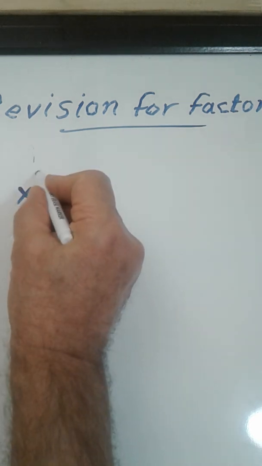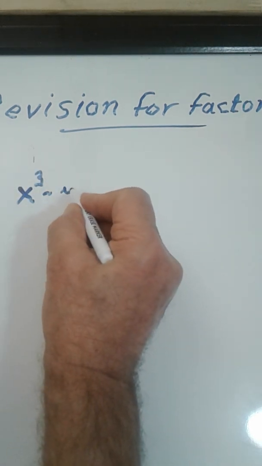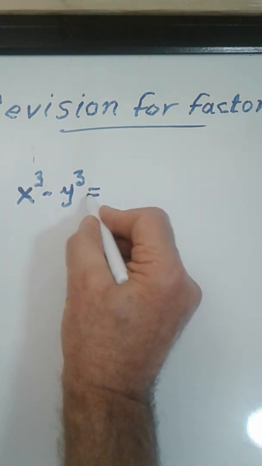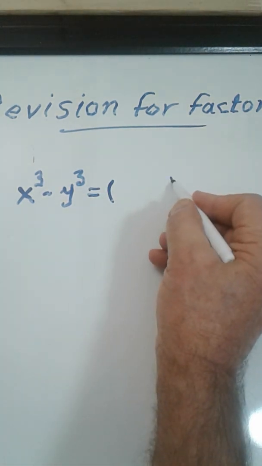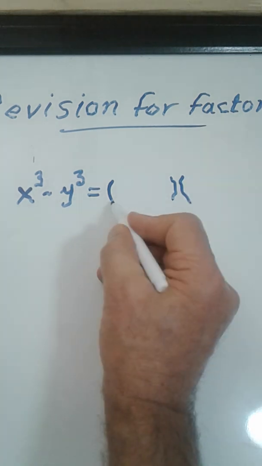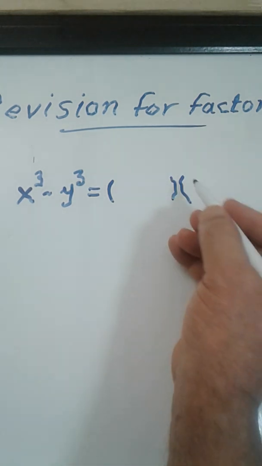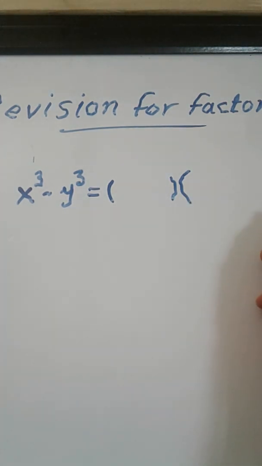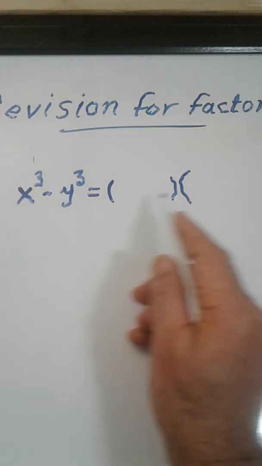We factor that by making two brackets multiplied by another two brackets, but the other two brackets are a little bit farther from each other than the first two.